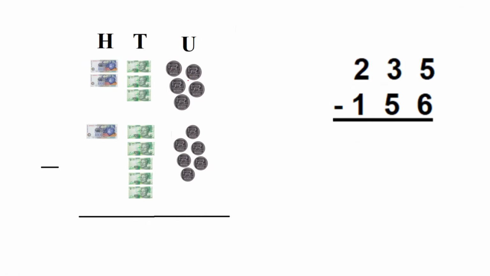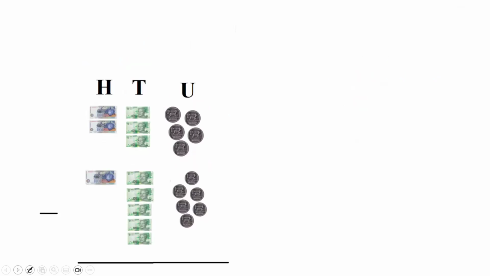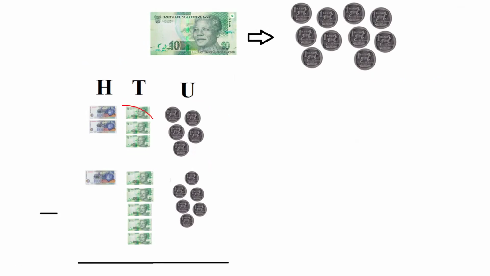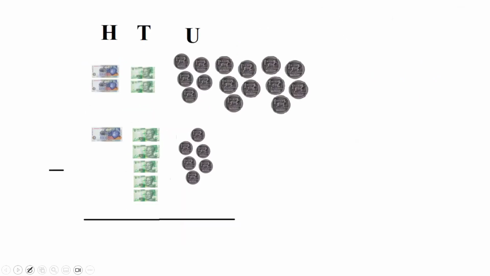And because I can't, I'm going to come here and borrow a 10 rand, right? After borrowing a 10 rand there, that 10 rand that I borrowed will come as 10 1 rands, and 10 coins give me 10 rand.